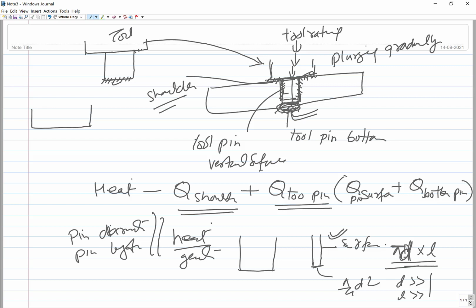Whether the shoulder is of a larger or smaller area, in between you will have a pin, and this is the workpiece on one side and the other. This is the area under the effect of the shoulder. Larger the shoulder diameter, greater will be the frictional or deformational heat produced. So increasing the diameter of the pin and of the shoulder, both will increase the heat being generated.